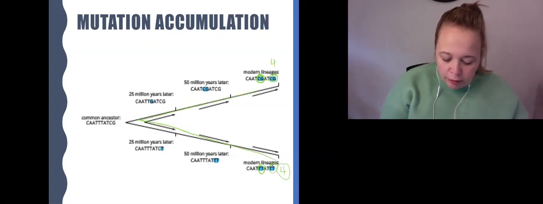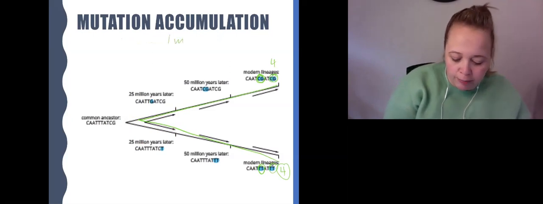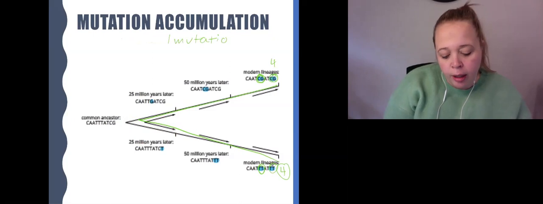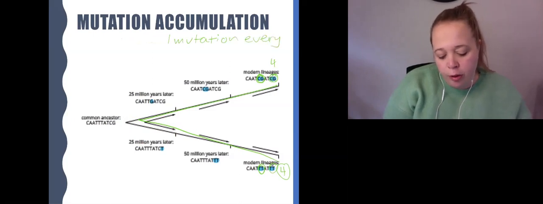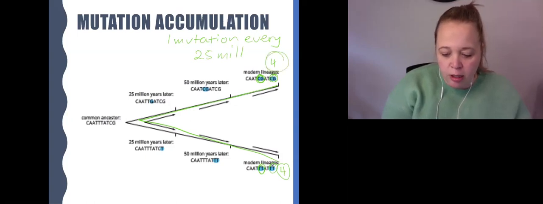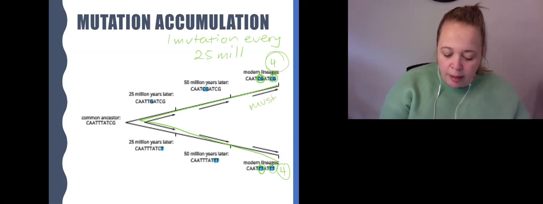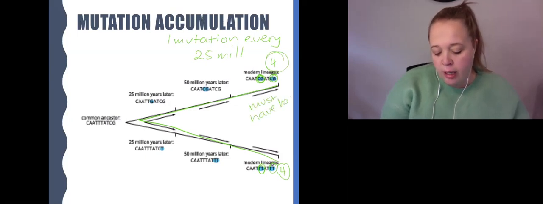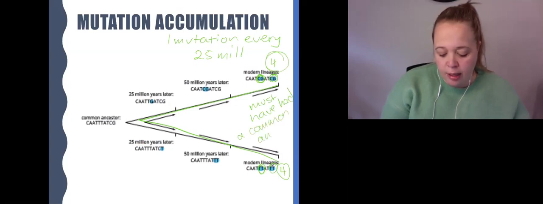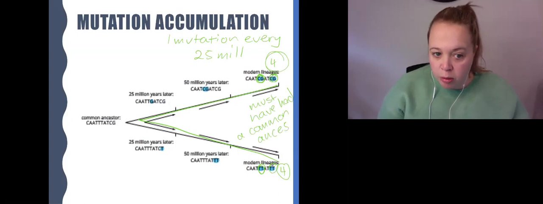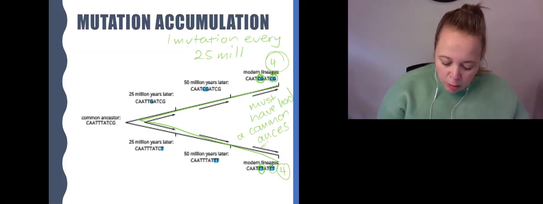So on average, yeah, we go back, and if I said 1 mutation every 25 million years, and they have 4 mutations, what does this mean? This means that they must have had a common ancestor 4 times 25, 100 million years ago.